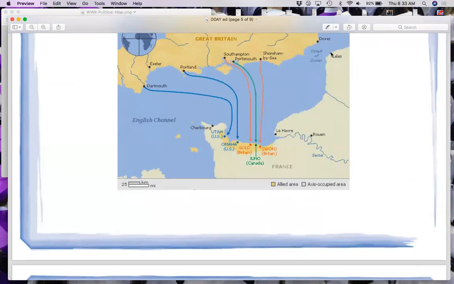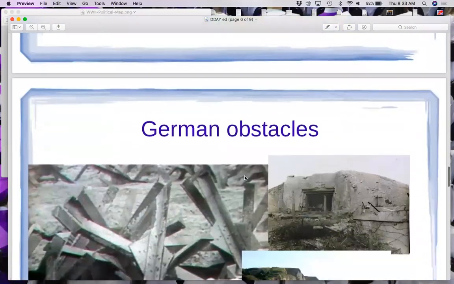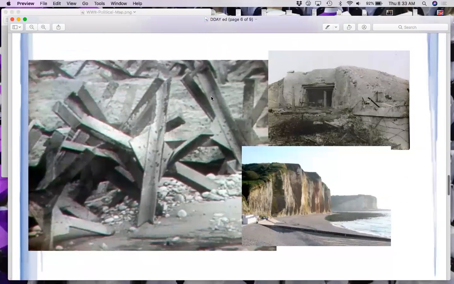Particularly right here, they thought this Calais point was really going to be the spot where the Allies landed. But even so, all up and down this coast, they had these obstacles that are actually quite tall. They're like 6 or 7 feet tall. And they are these metal things that make it impossible for a boat to land.